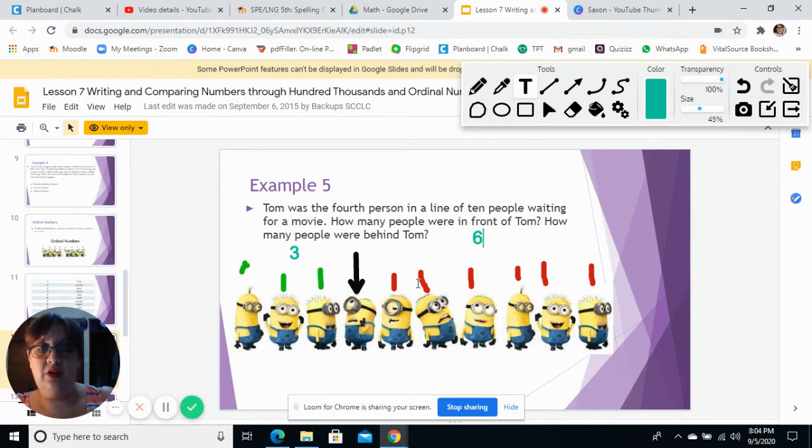You don't have to draw all the minions. You just need to write that there was 3 in front of him and 6 behind him because he was the 4th person in line. And we can count and see that there's 10 altogether. Good job. All right, let's clear that screen.